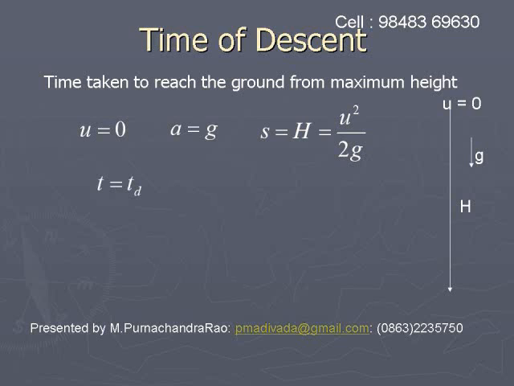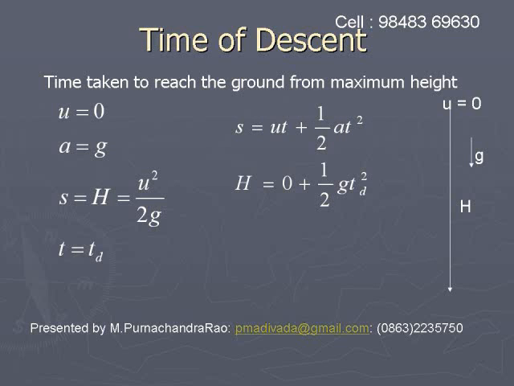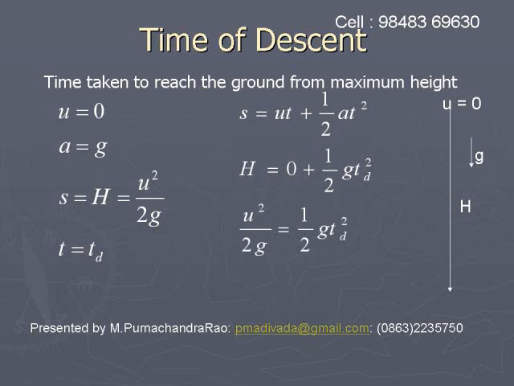Let us take the relation s is equal to ut plus half at square. In this relation, let us substitute u is 0, a is equal to g, H is equal to u square by 2g and t is equal to td. Then we will get capital H is equal to 0 plus half g td square. U is 0, so ut is 0, so we will get H is equal to half g td square.